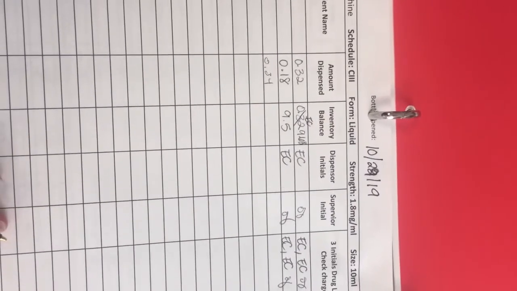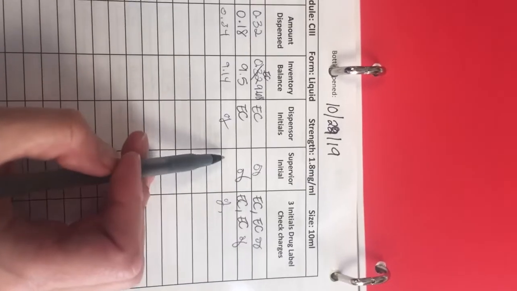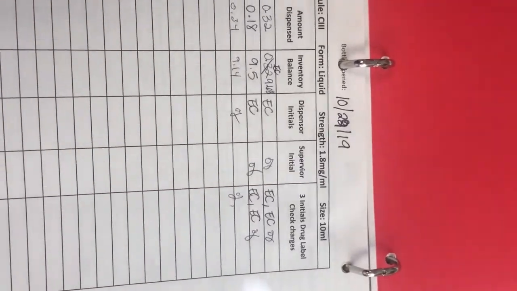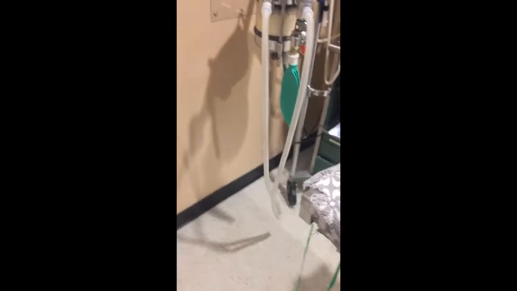And the inventory balance is 9.16. And my initials, and then Dr. Sears' initials, and then my initials to make sure that it's in the computer. And then I'll have Dr. Sears sign the supervisor initial. And that is how you do a control drug log entry.